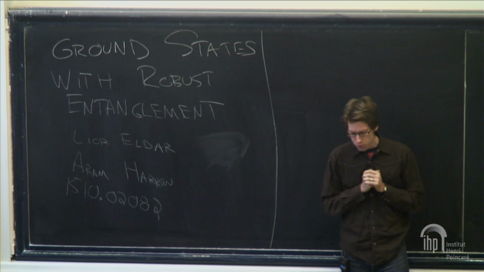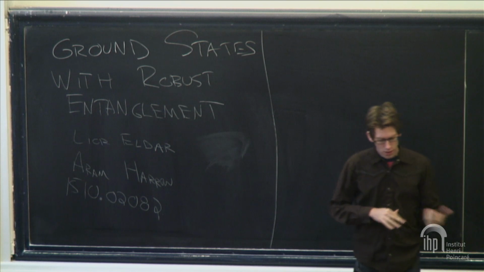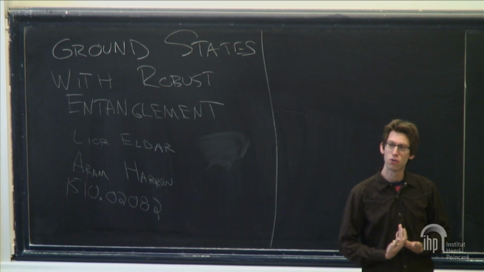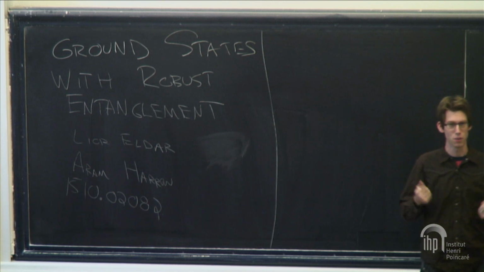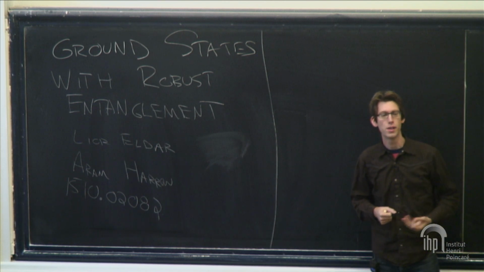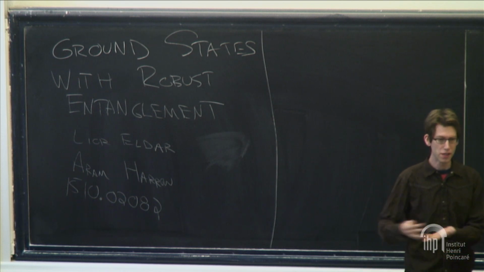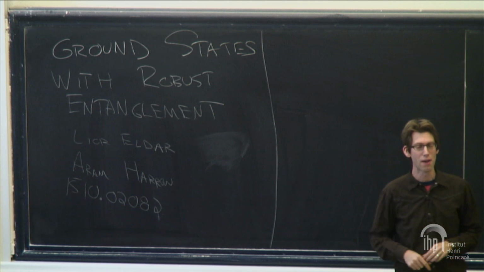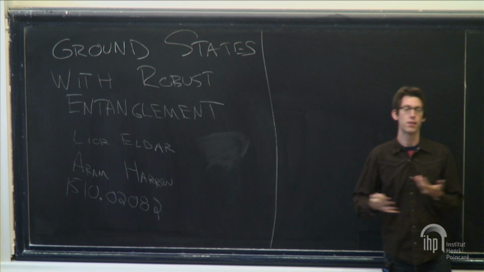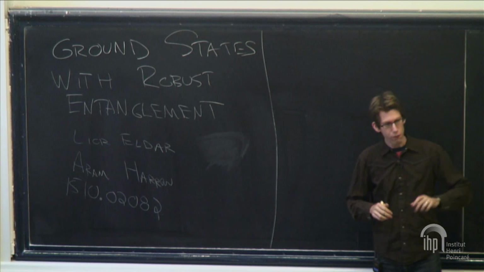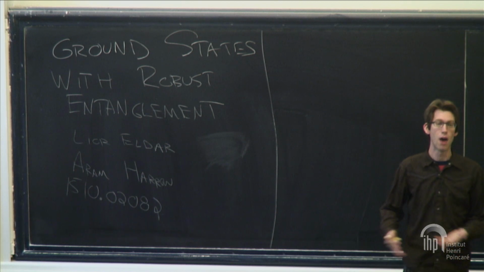And one property of quantum error correcting codes is related to the property of ground states of local Hamiltonians, and I'll explain later why these are very closely related, is that code states are very entangled. And so this is something that we see in nature, is that the ground states of physical Hamiltonians are entangled. But how robust is this entanglement? In other words, if we allow a small amount of error, can we describe the system pretty well without entanglement?